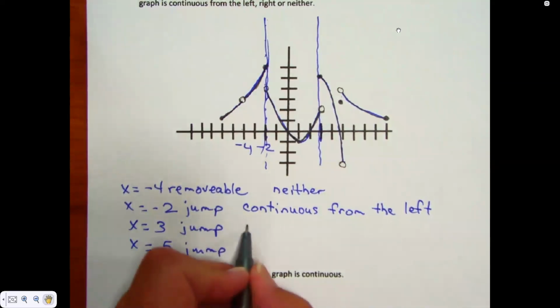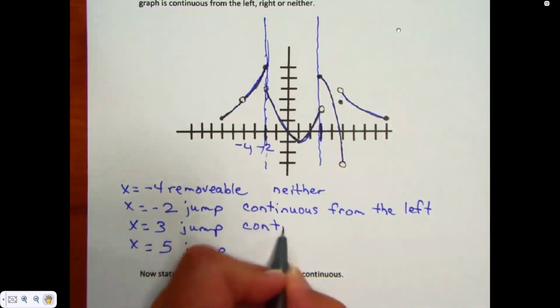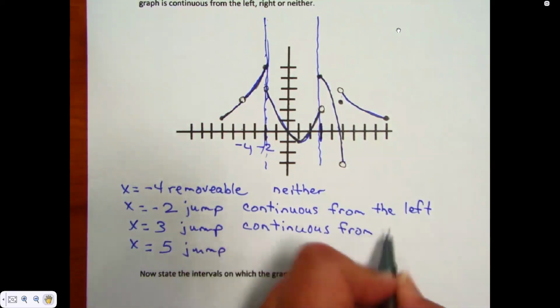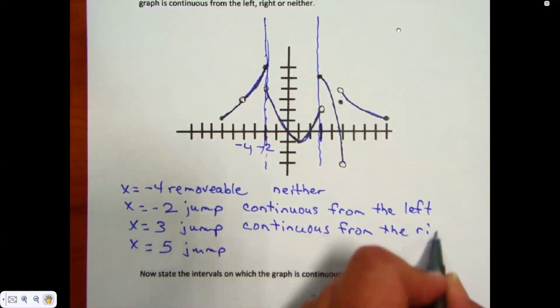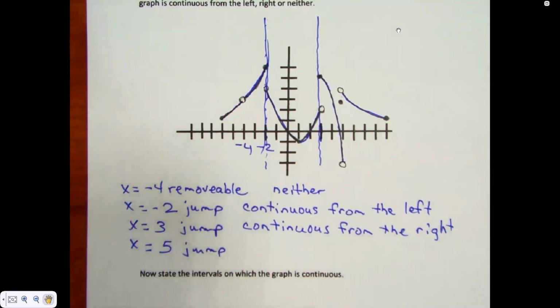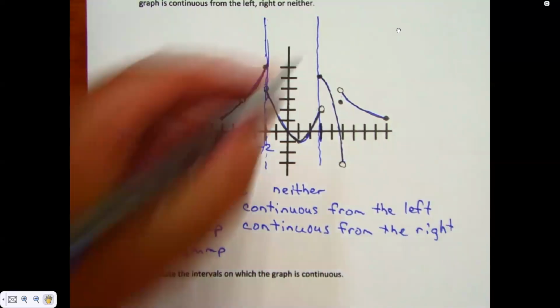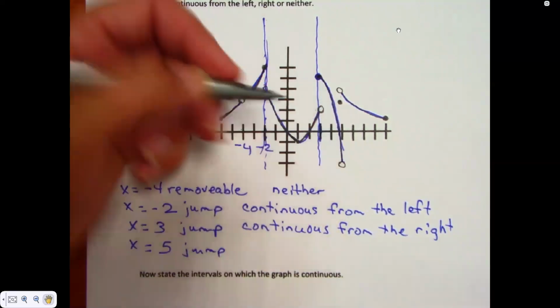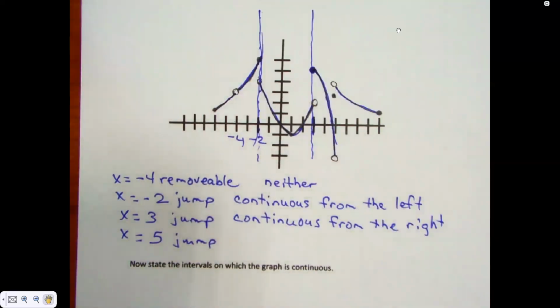So this is continuous, and I want you to at least see one, continuous from the right. Questions on that? Do we see how this point keeps going on the right side? So that's continuous on the right.